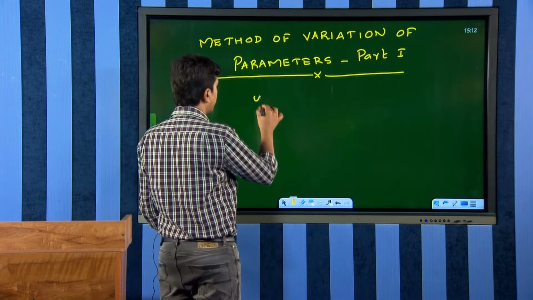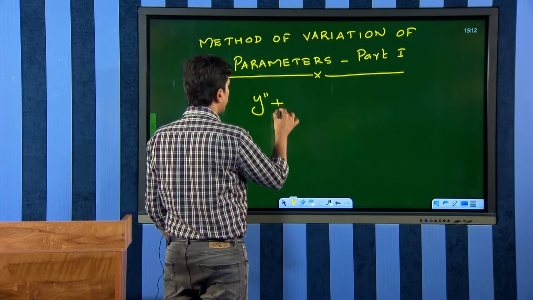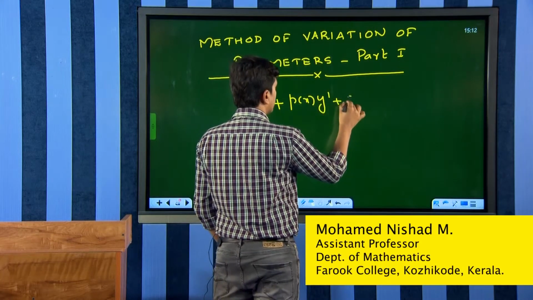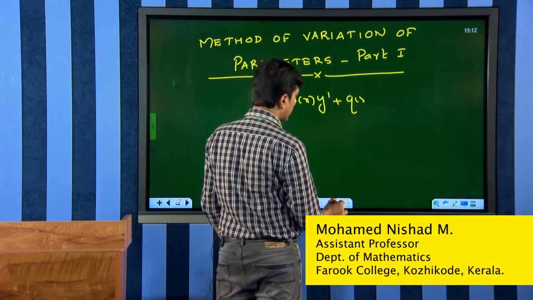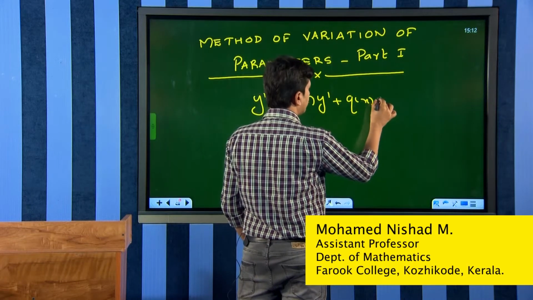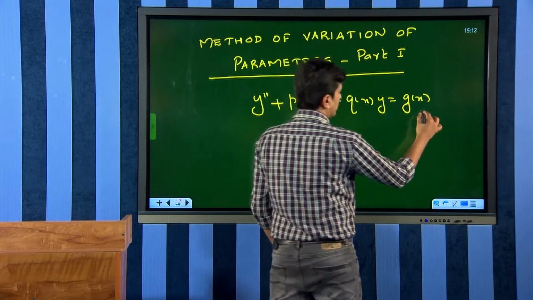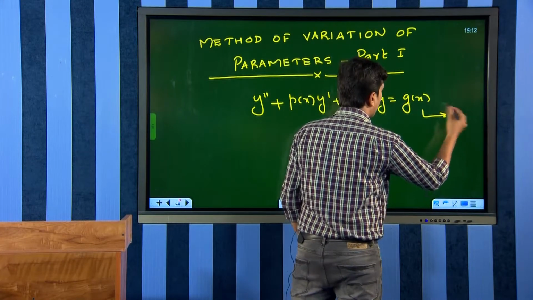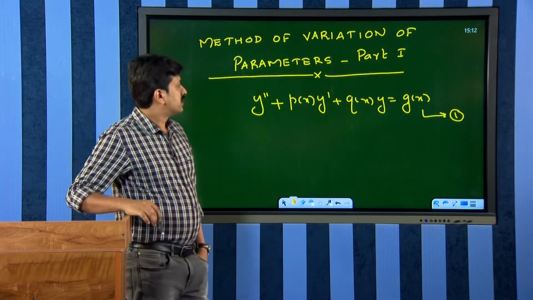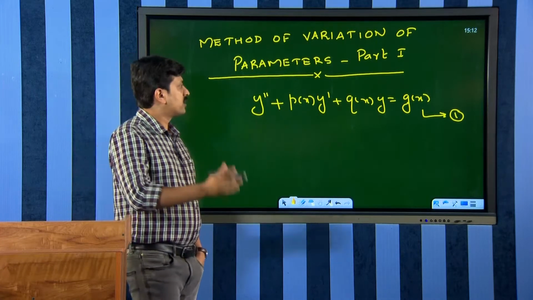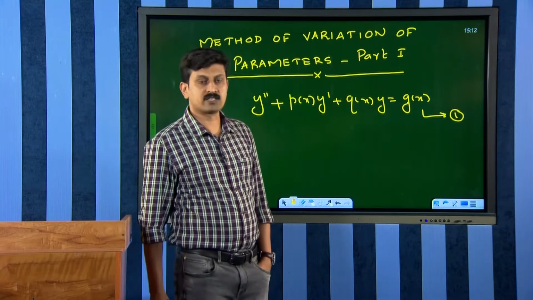We consider a differential equation of the form y'' + p(x) y' + q(x) y = g(x). Here g(x) is the non-homogeneous part. This is a second order linear non-homogeneous differential equation.